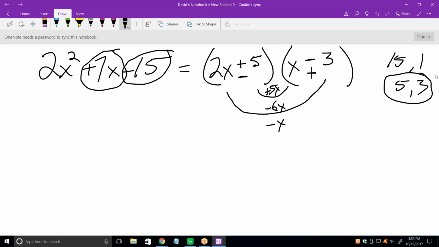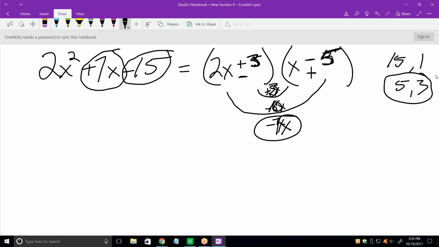So let's try the 3 there and the 5 over here. Now the middle term is plus 3x. The outside term is minus 10x. That gives us minus 7x. Well, that's the right number, but the wrong sign. Okay.